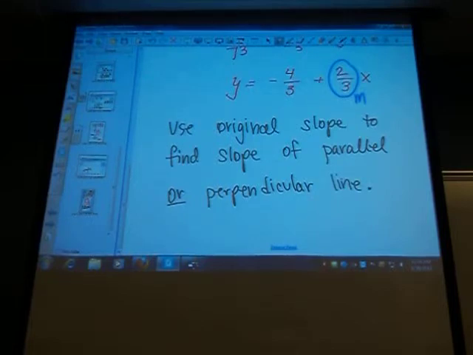So I want to use the original slope to find the slope of my parallel or my perpendicular line.